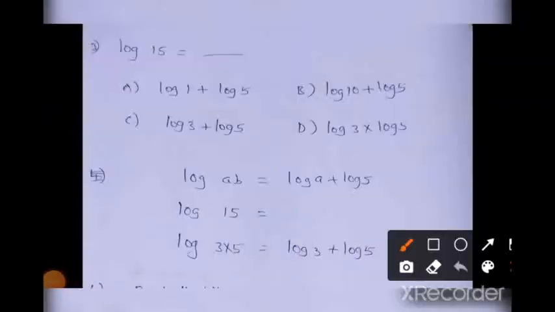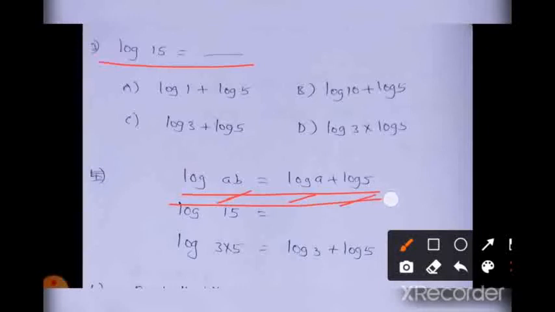Now we are in the next sum. What is the value of log 15? This is in the form of log ab is equal to log a plus log b. This is the formula, the first logarithmic law. According to this sum, 15 will be written as 3 into 5.